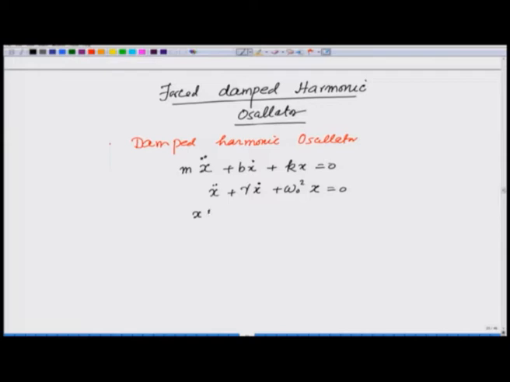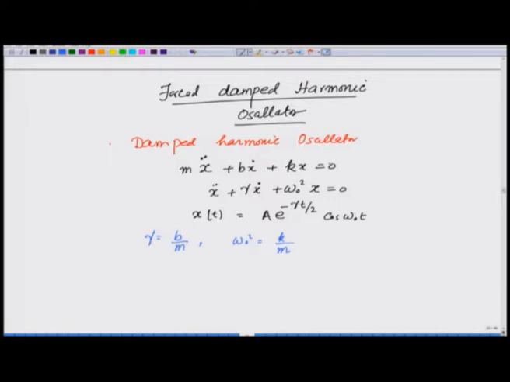And the solution of this was x(t) equals some amplitude that decayed with time, cosine or sine omega 0 t. Here gamma is b over m and omega 0 square is k over m.